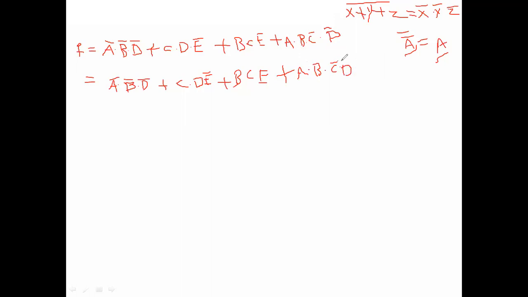Take the same expression and apply two times complement.